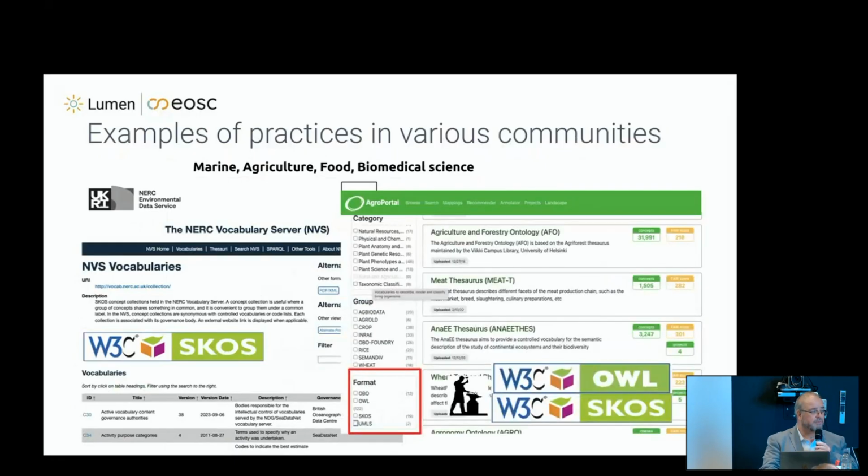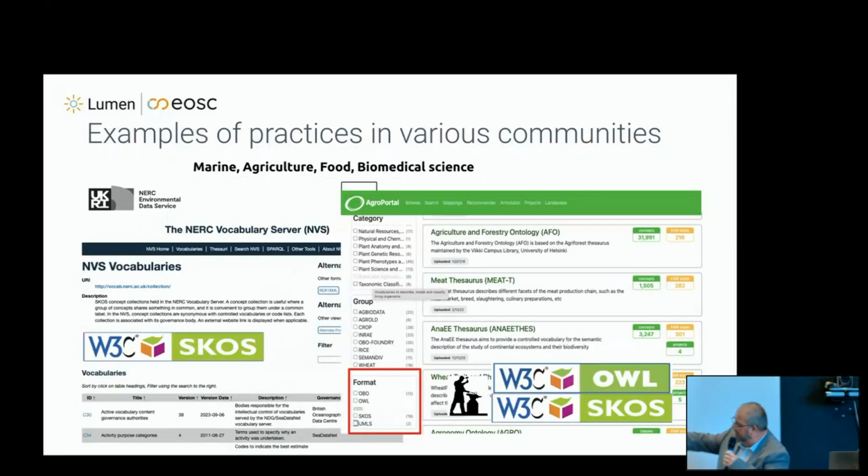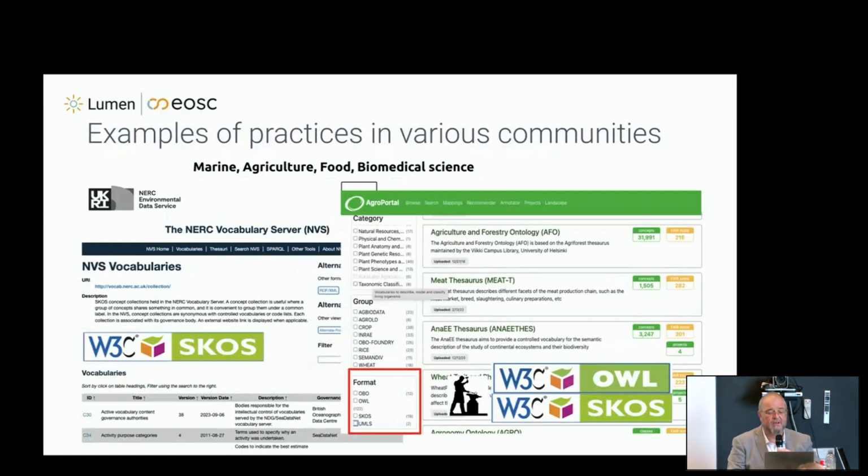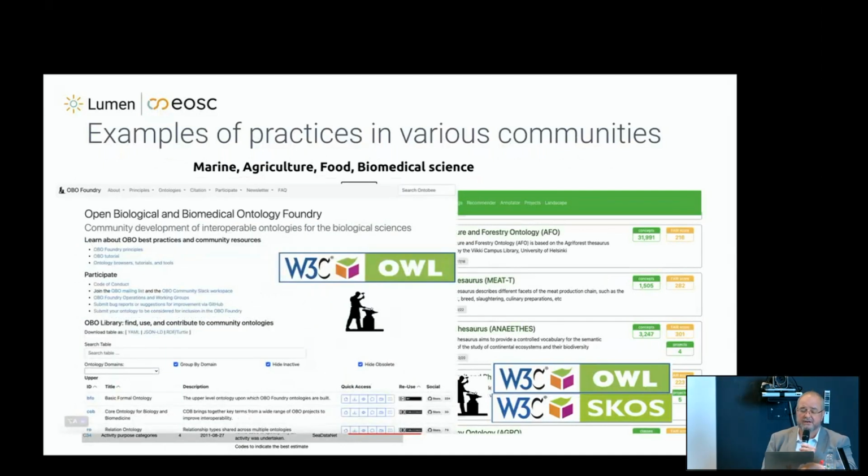In AgroPortal, you get tons of ontologies with different formats. You get OBO, OWL, SKOS, UMLS, and many different other formats. But mostly it's OWL and SKOS. If you go to the OBO Foundry, this is mostly OWL with the OBO principles.